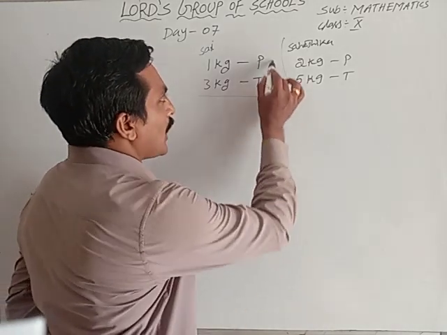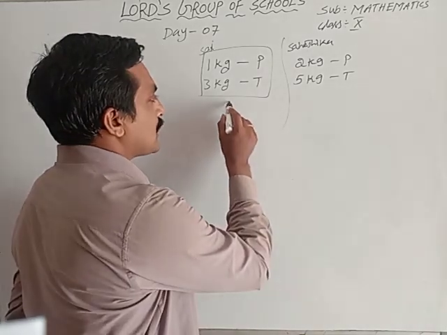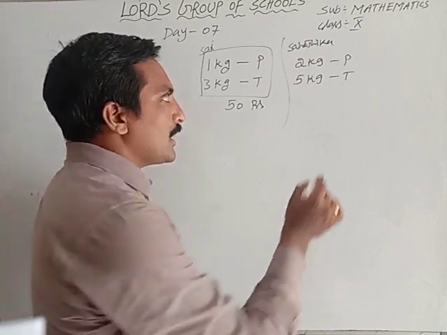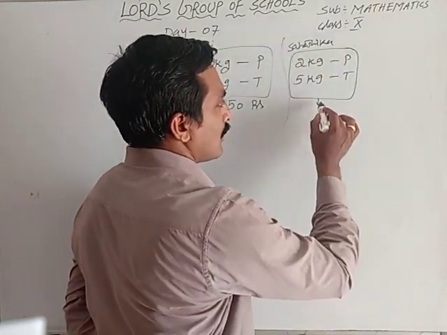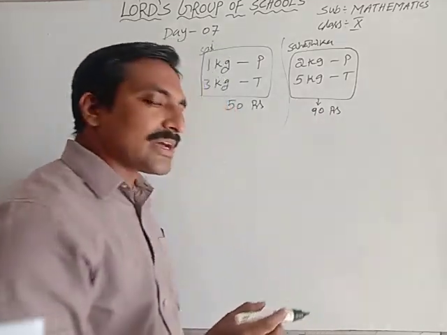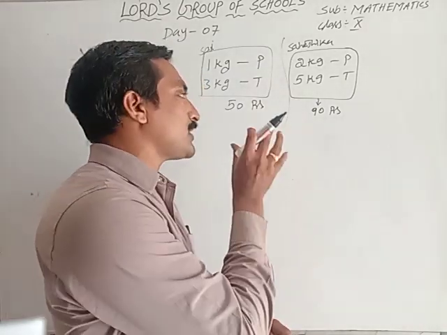The together cost she paid to the shopkeeper in the market: for example, 50 rupees Sai paid. In this case, Sahitika paid 90 rupees. Then what is the cost price of 1 kg potato and 1 kg tomato?